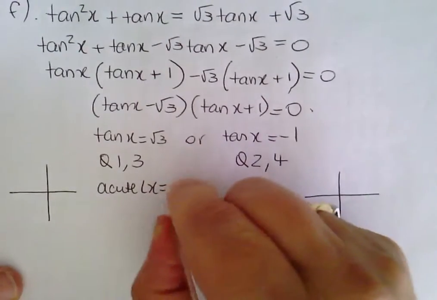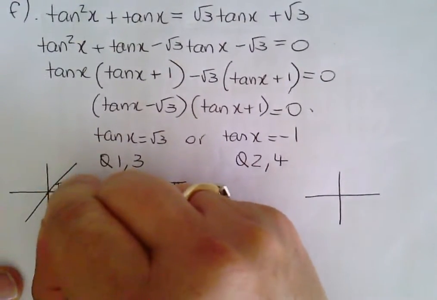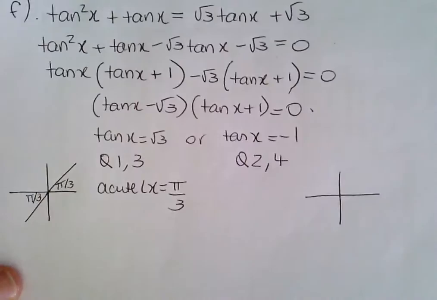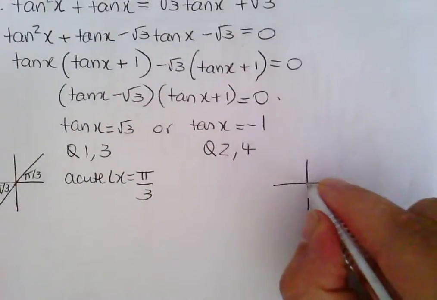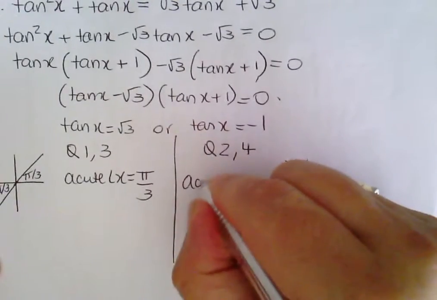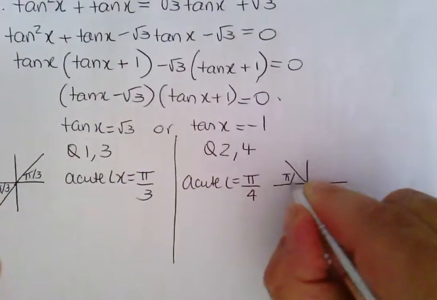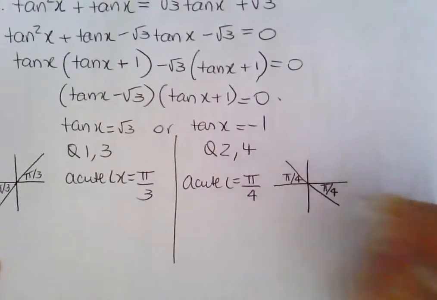Yeah, it's tan of 60, which is pi on 3. Draw in your quadrants 1 and 3. And quadrants 2 and 4, what's your acute angle? Yeah, acute angle is 45, which is pi on 4 in quadrants 2 and 4.